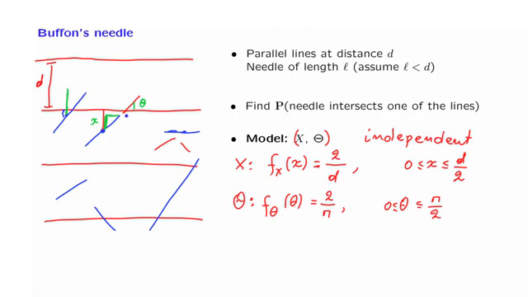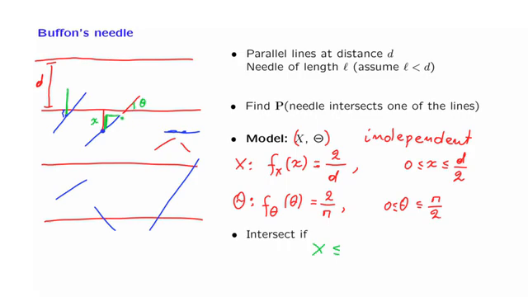So we have an intersection if and only if the vertical extent, which is this vertical green segment, is larger than the distance x, or equivalently if x is less than the vertical extent. So we will have an intersection if x is less than or equal to the vertical extent of the needle. Now, how big is this vertical extent?